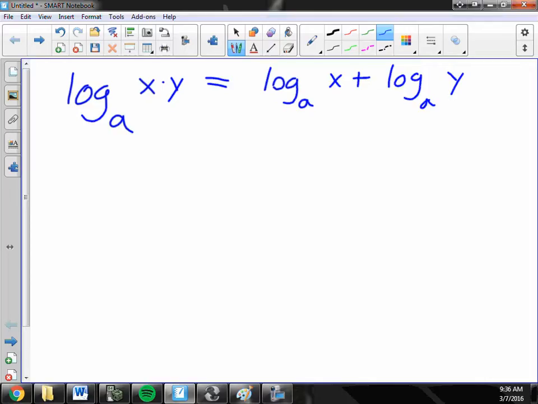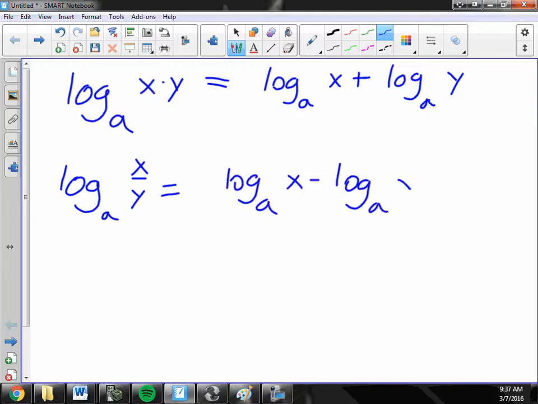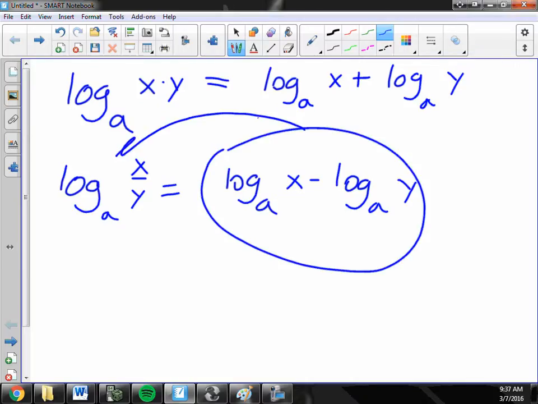So if you have two logarithms that have the same base added together, you can combine them into a single logarithm where the two numbers you're taking the logarithm of now become multiplication. So that's the product rule. The quotient rule is similar. Log base a of x over y is equal to log base a of x minus log base a of y. And you can go back and forth from either one. Usually, you go from something like this to something like that.